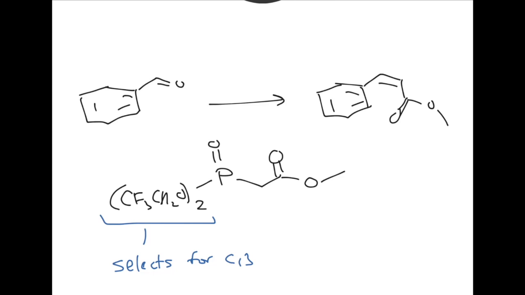You want to make the cis double bond here, and then again, you're going to use a base like potassium hydride or KHMDS. So just changing basically 3 hydrogens to 3 fluorines changes the Horner-Wadsworth-Emmons reaction from being trans-selective to being cis-selective. Okay, so I've got more of these to do.